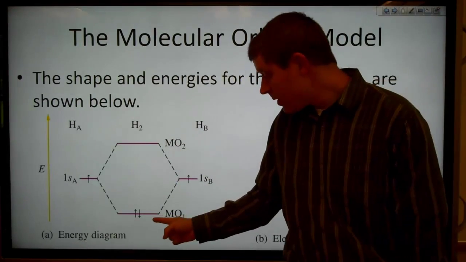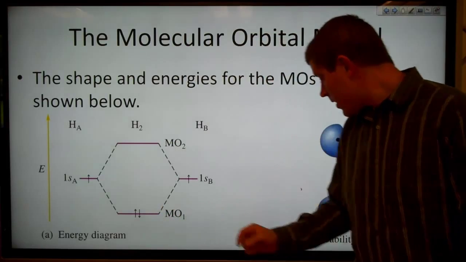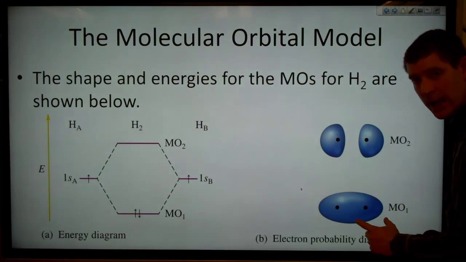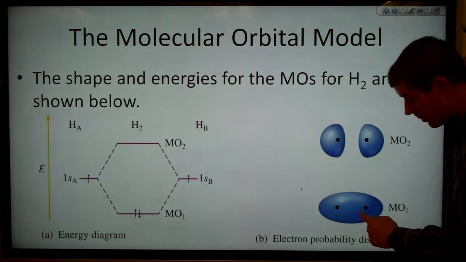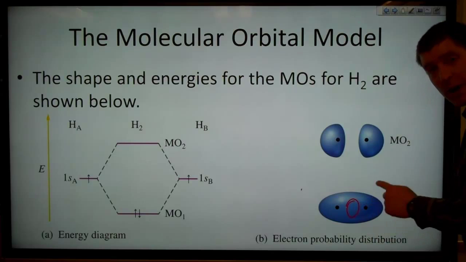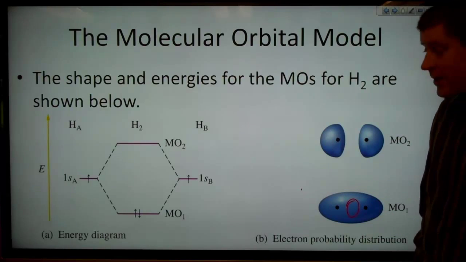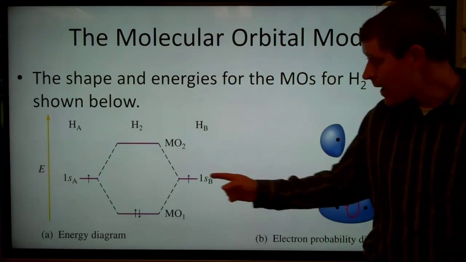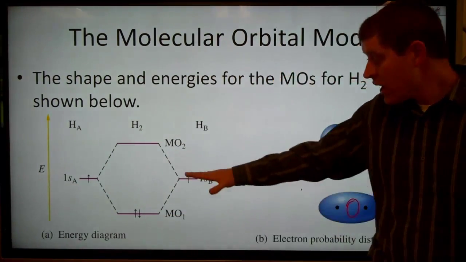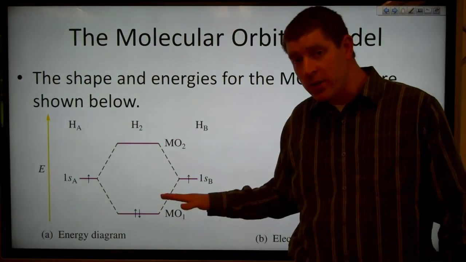So here, now you can see that this MO1, those electrons are going to want to be in that orbital. It's going to be a lower energy orbital, because now an electron that's in this part of the orbital can now be attracted by two nuclei, by two protons instead of just one, as it was in either of the atomic orbitals. And so that's going to be an orbital that's lower in energy.